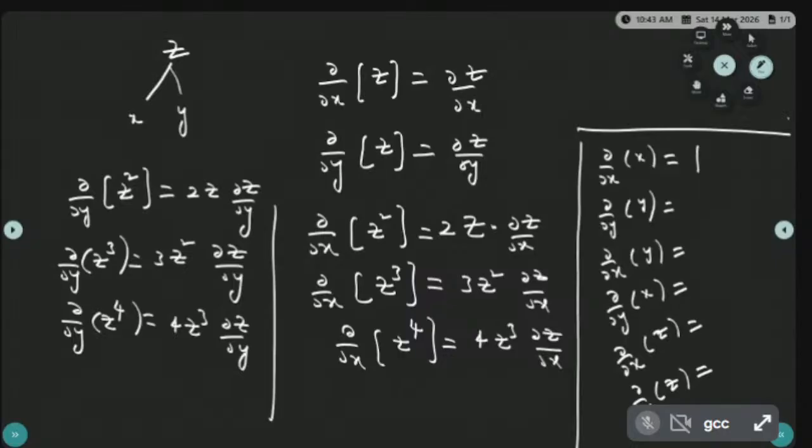Dou by dou y of y. Dou by dou x of y: same family or different family? Same or different? Z. Dou z by dou x.